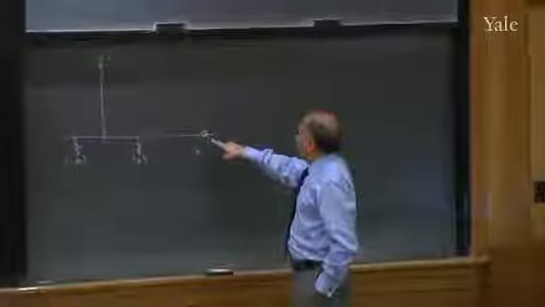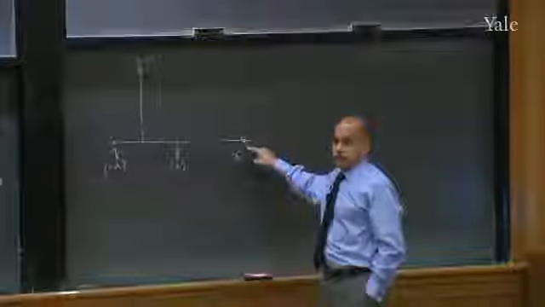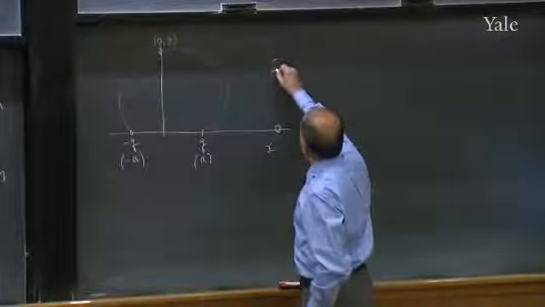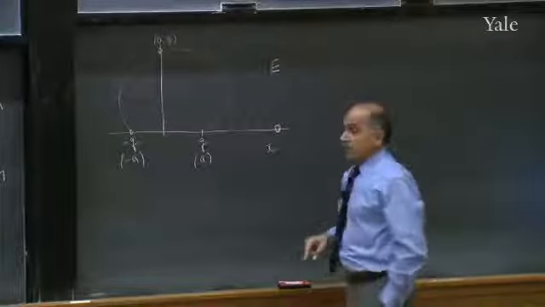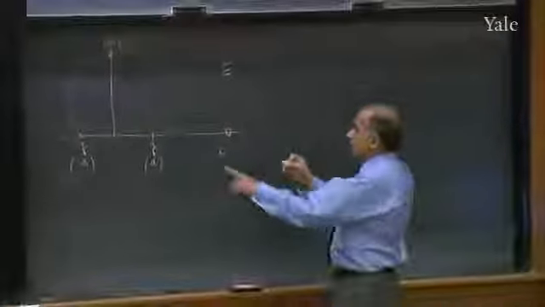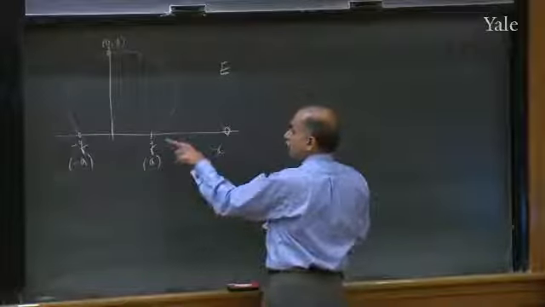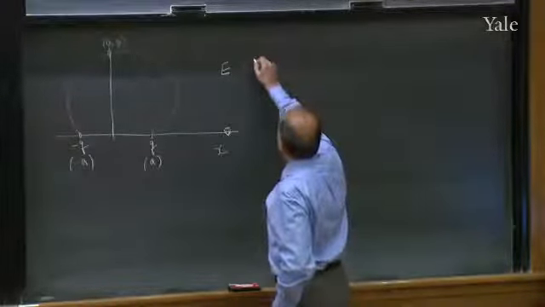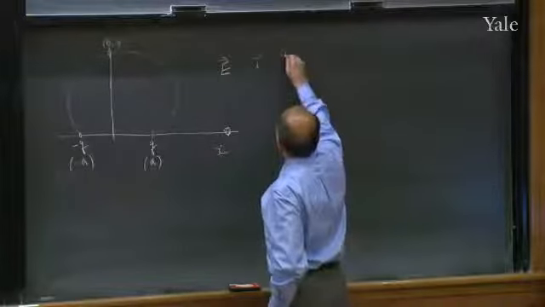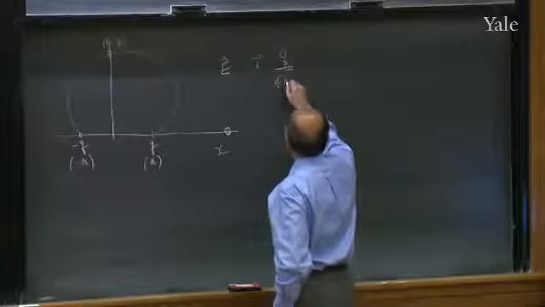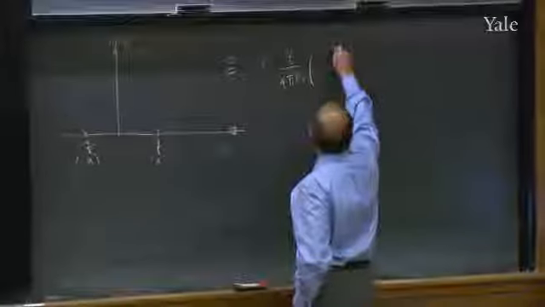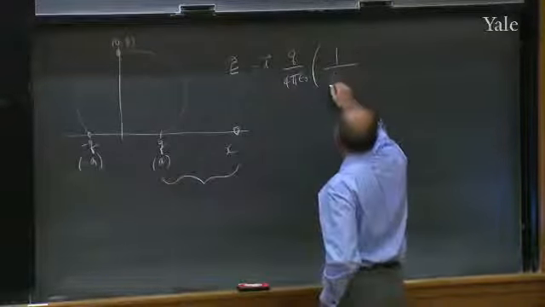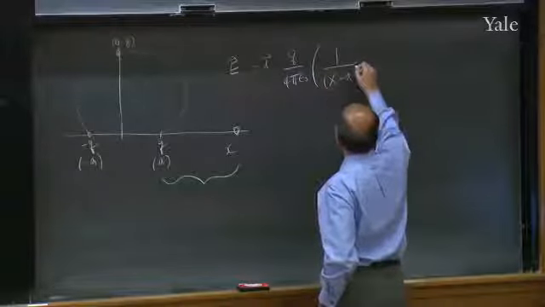So let's see what's the field here, field at this point. The field at that point, you agree, is going to be entirely in the x direction because this is pushing it, that is pulling it. So E is going to be i unit vector times q over 4 pi epsilon 0 times that distance squared, which happens to be x minus a squared.